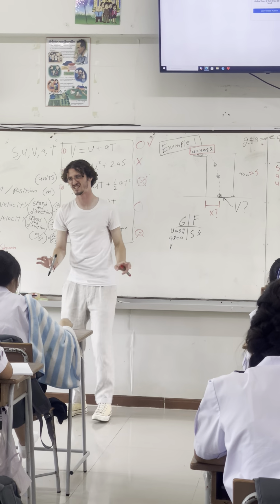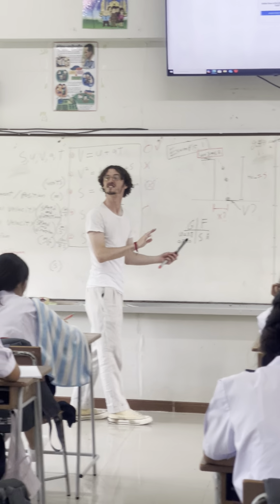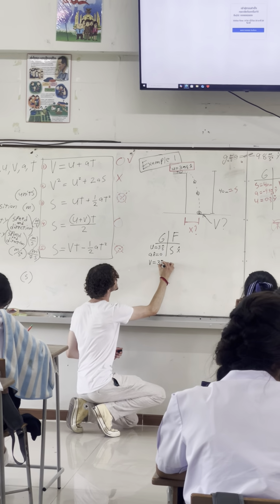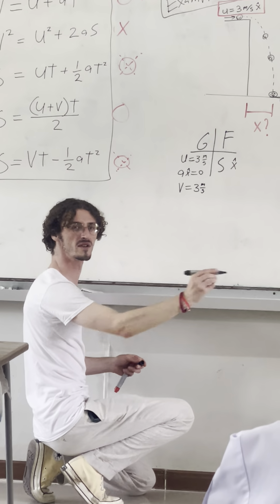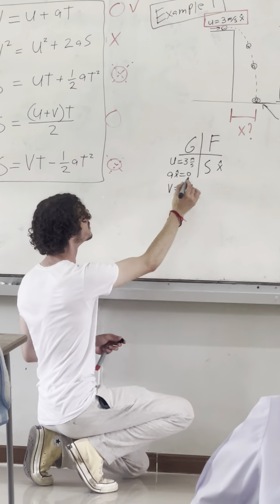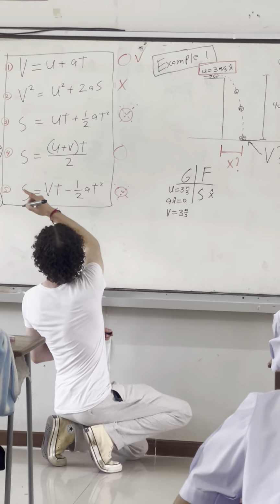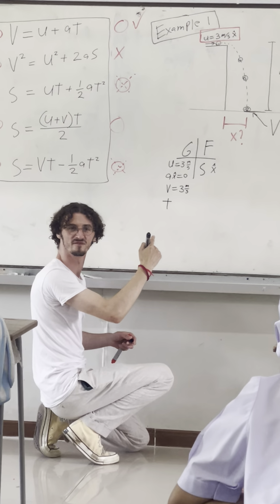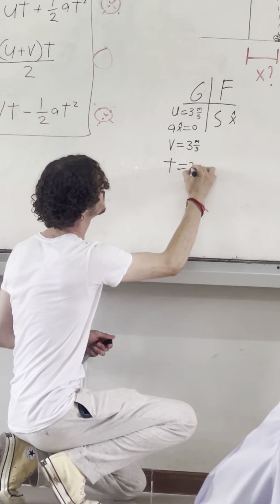We have friction, so it changes speed. Here, no friction, no change in speed, no acceleration. So that means V is 3 meters per second. It starts at 3 meters per second sideways, ends at 3 meters per second sideways. And we also know the time. We found the time, 2.85.